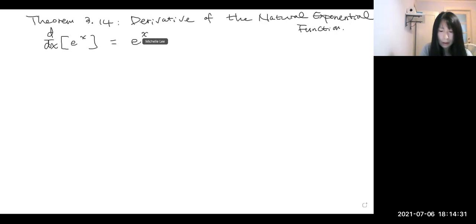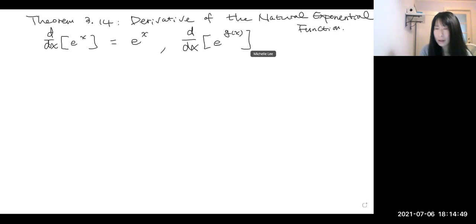What a nice, right? But then we don't get this nice function. We always have a complicated function, which is a composite function. So then if we take the derivative of e to the g of x, we just rewrite e to the g of x. Then we are using chain rule, which is g prime of x.